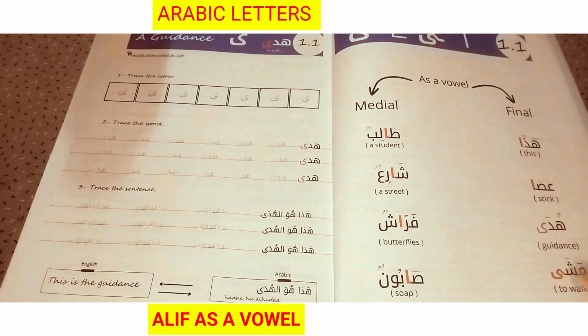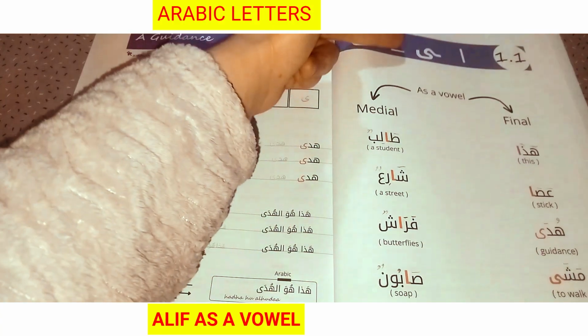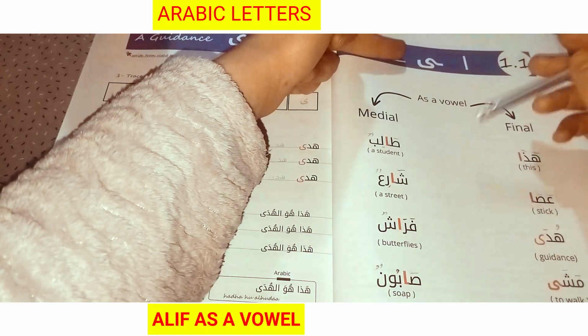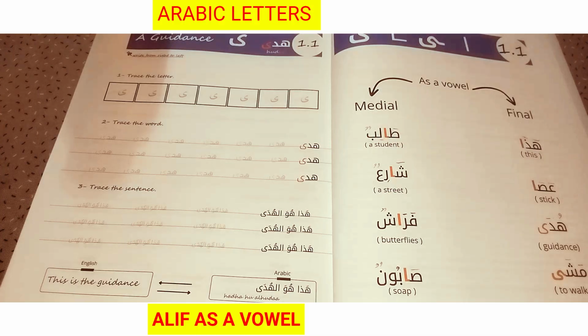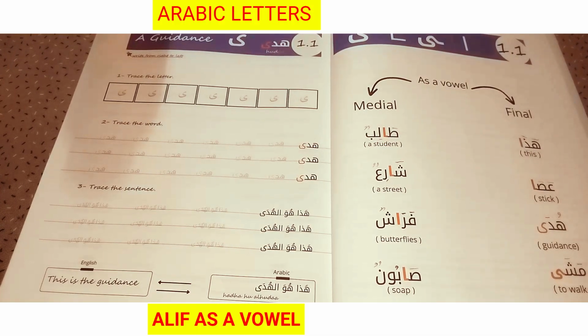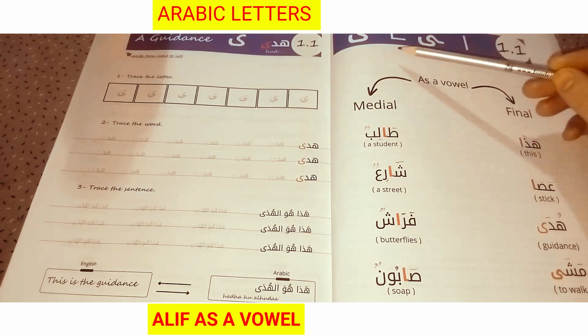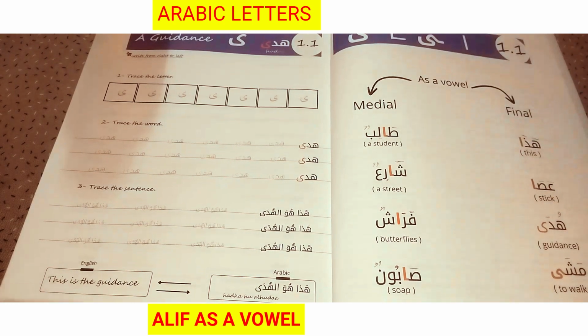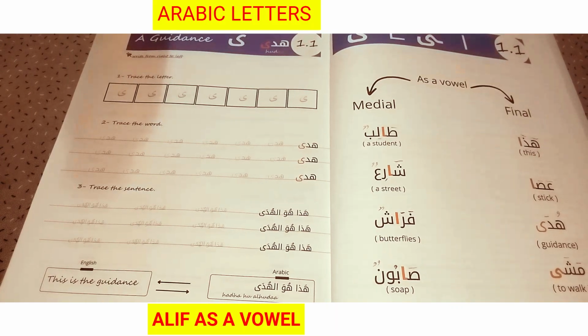صابون. So today what we see together is حرف الألف, but as a vowel. Its essential function is to have the sound ah, a little bit longer, so we should add alif. We can see it in this form, in this form, or in this form, depending on its position in the word.